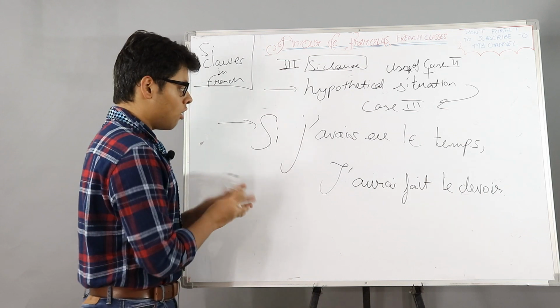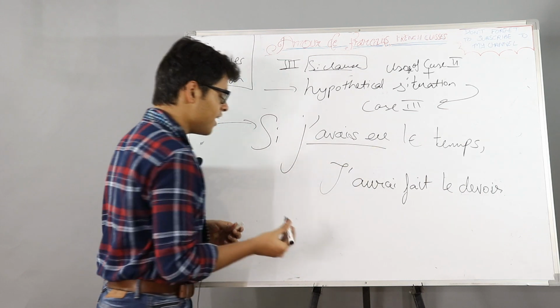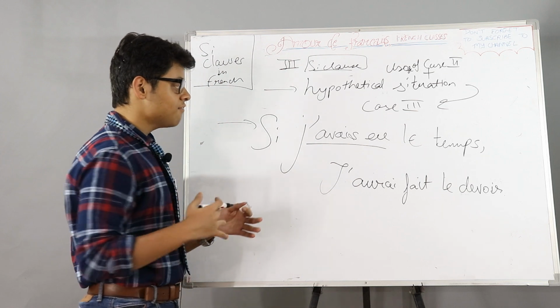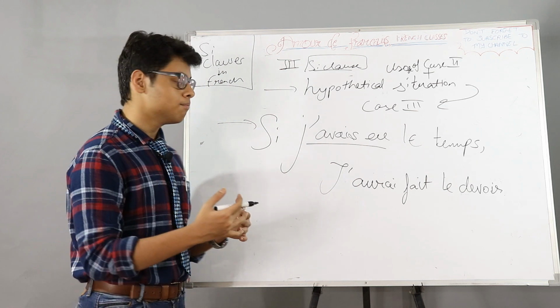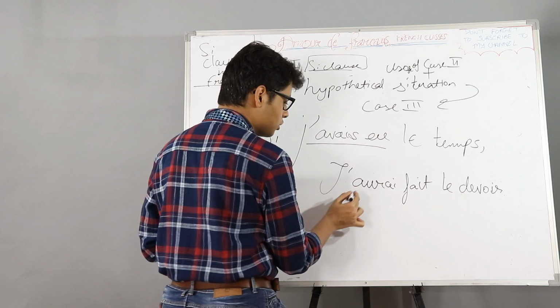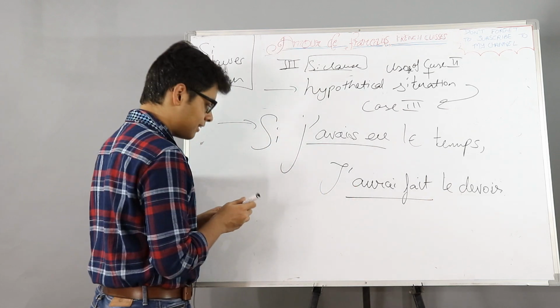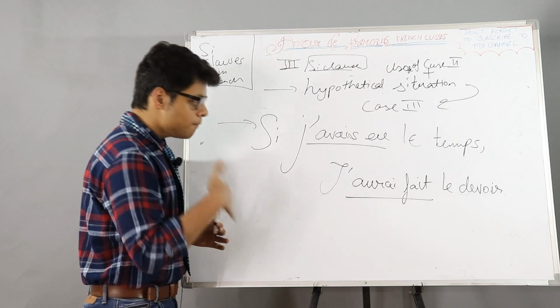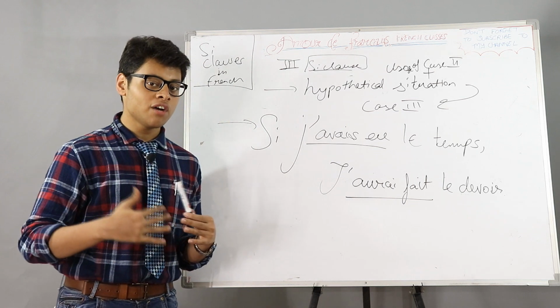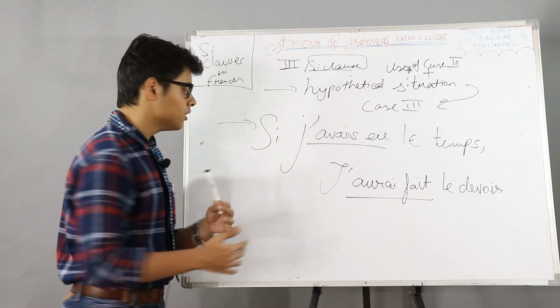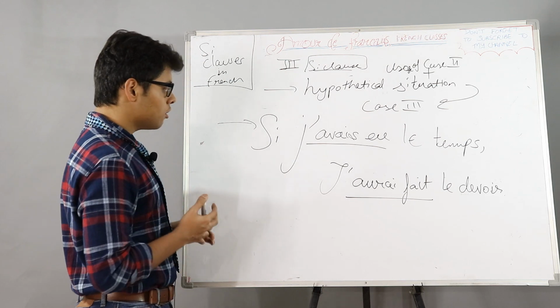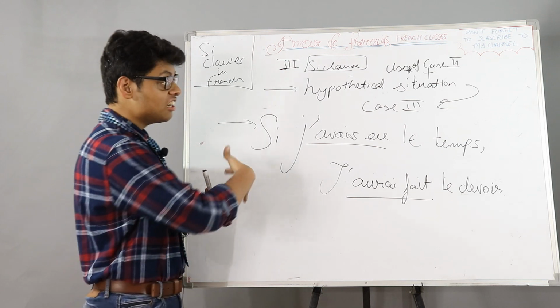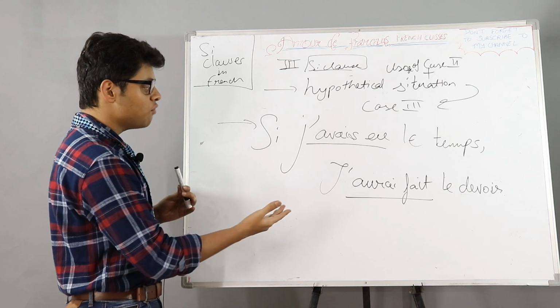Si j'avais eu le temps, plus-que-parfait, imparfait form of the auxiliary verb plus past participle, and j'aurais fait is past conditional, conditional of the auxiliary verb plus past participle. So, si j'avais eu le temps, if I had the time, j'aurais fait le devoir, I would have done my homework.